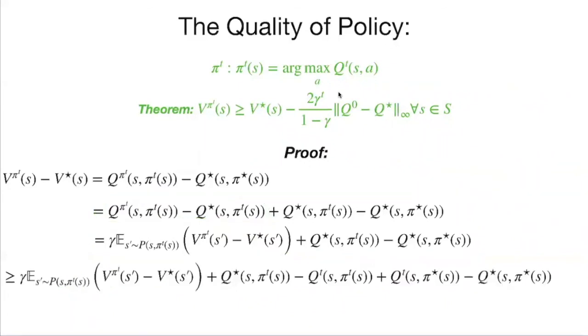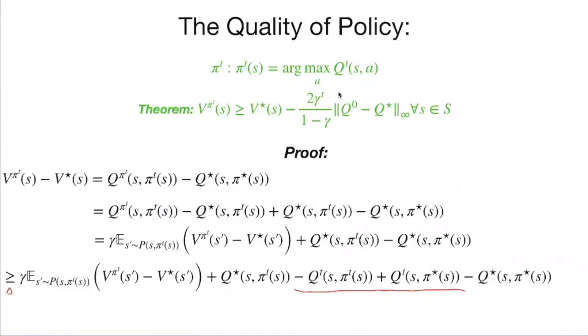What we can do is introduce an additional term, which is minus q t measured at s, pi t of s plus q t measured at s and pi star of s. Let's slow down a little bit here. This step is a little bit tricky. As you can see, we already changed from an equality to an inequality.